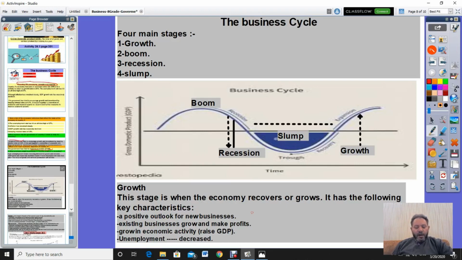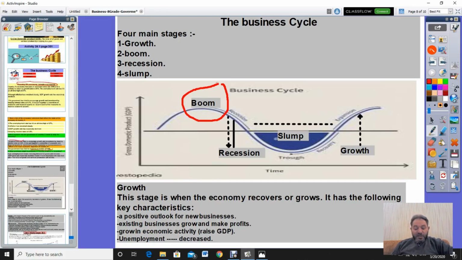Let's go to the boom. The boom is the peak of the business cycle, as we see here. This is the boom, and it has many characteristics.